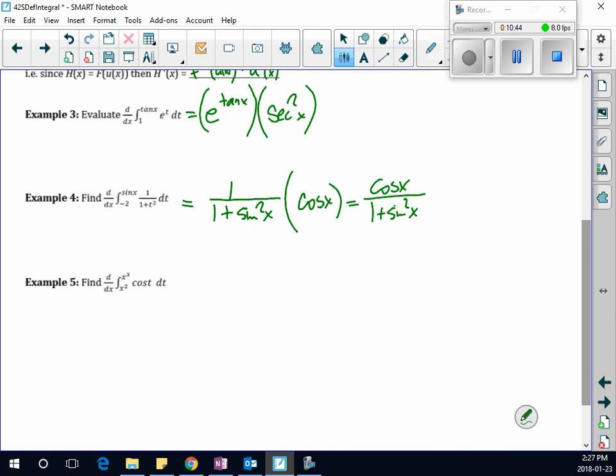It's all good. Okay, this one's a little bit of a different situation because we have a function on the lower limit and a function on the upper limit. So we've got to use our integral properties, split it up, right? So this is equal to d dx of, how can I split this up? Because in order to use the fundamental theorem, this has to be an actual number, a dummy number, right?